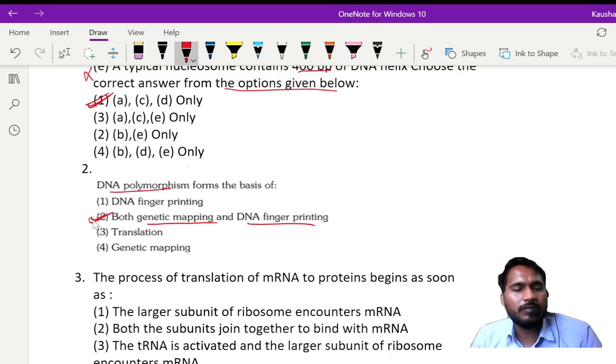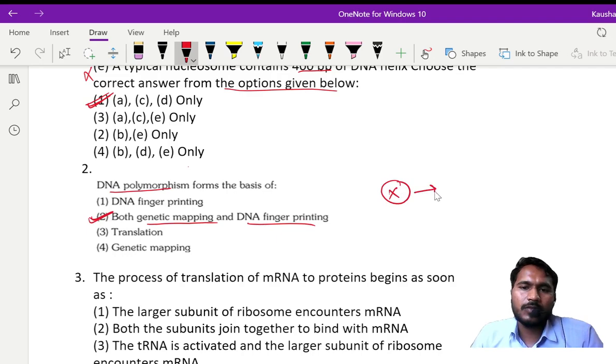What is the meaning of genetic mapping? You know there is an X chromosome for the female, and a Y chromosome for the male.